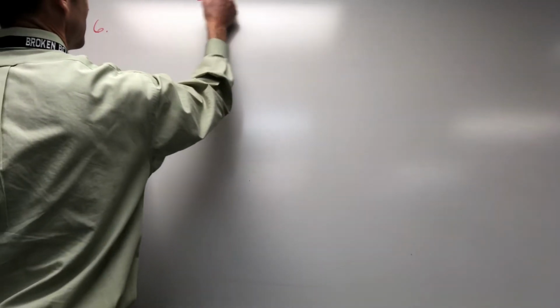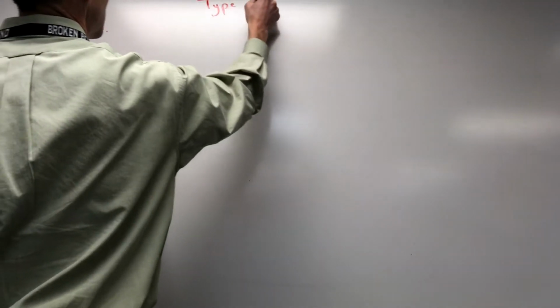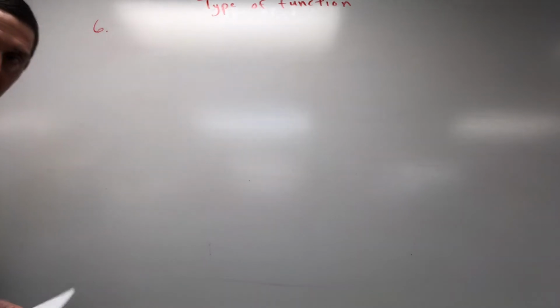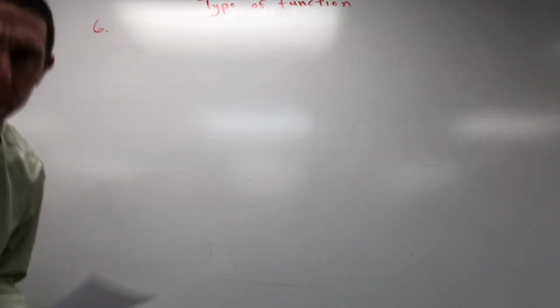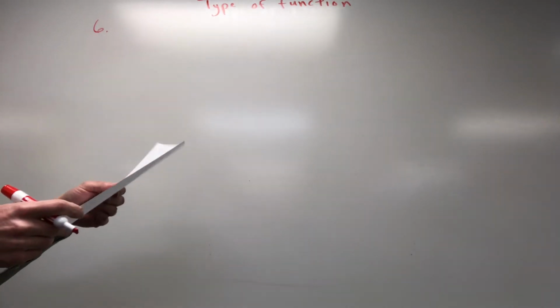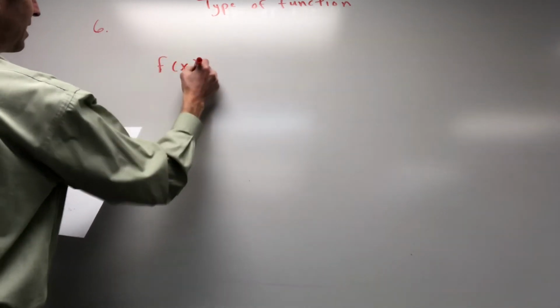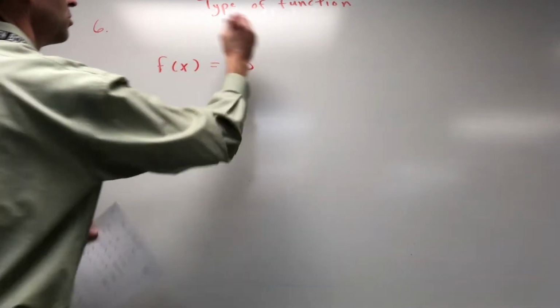All right, number 6. Okay, this is going to get big. Okay, type of function. Here we go. Okay. So we've got a function, f of x, let's just say is equal to a number.